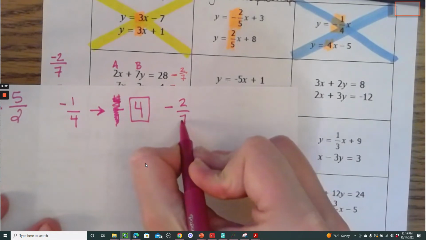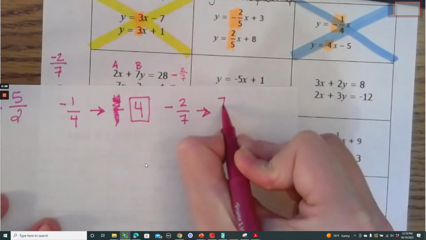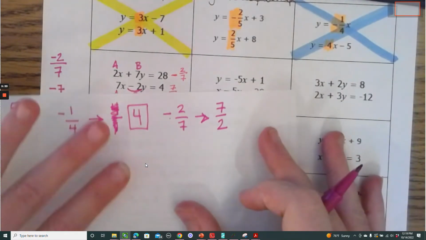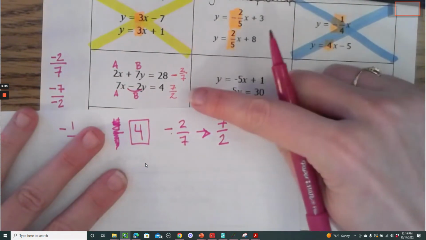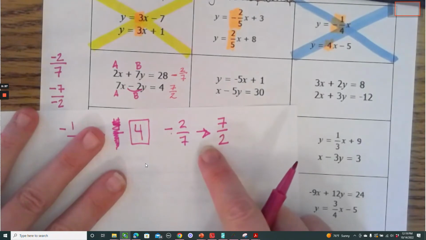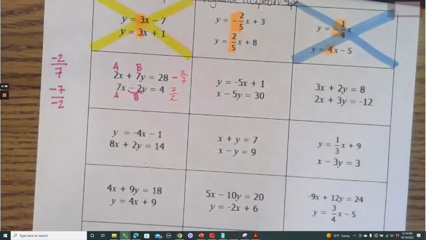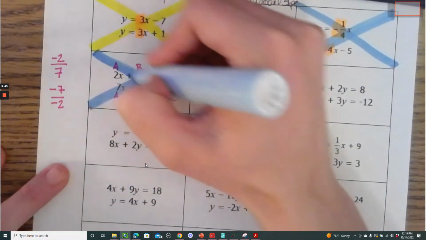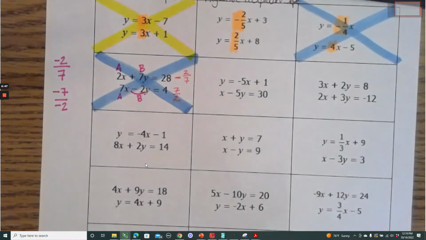Negative 2/7. I flip it on its head. If it's negative, this one's positive. So negative 2/7 and 7/2, are those reciprocals? Yep. So if they're reciprocals, it's blue. Oh, blue. My bad.